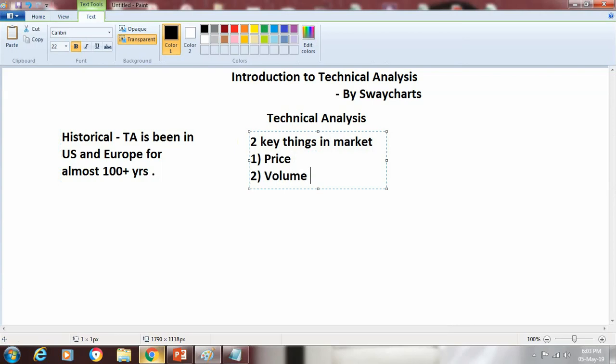If you are able to plot them in a single chart and just study the pattern the price is making, you can easily guess or predict how the price is going to move in future. So that is the reason why technical analysis is gaining more and more popularity, because it creates charts with price patterns.